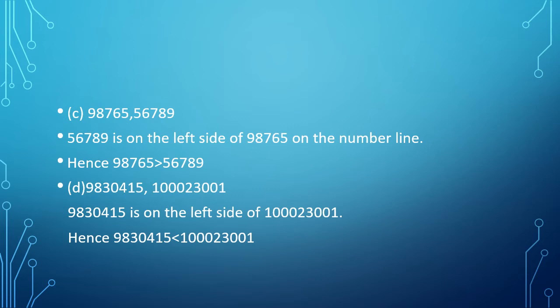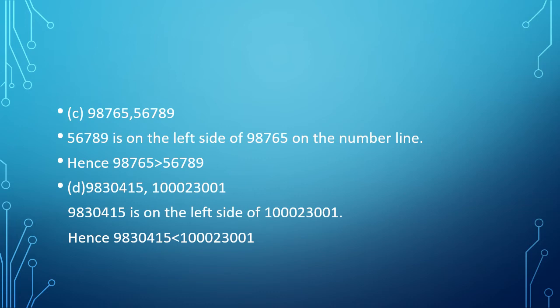Question C. 98,765, 56,789. 56,789 is on the left side of 98,765 on the number line.